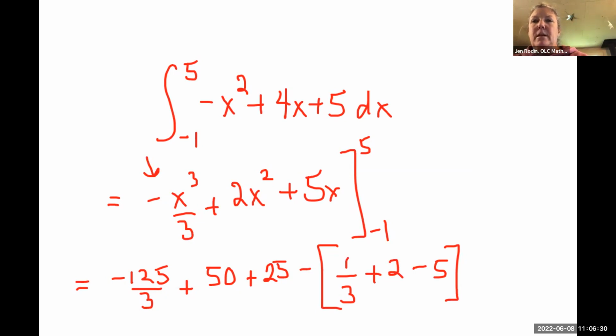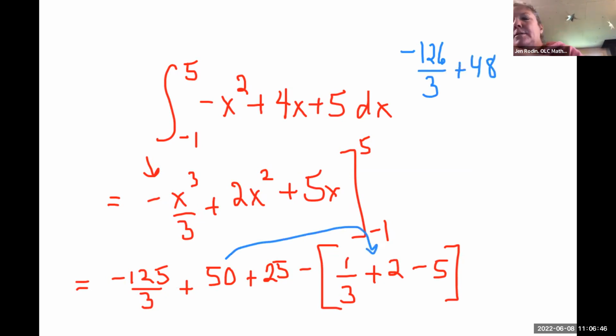All right. And then combine like terms, -125 and -1. And then 50 minus 2. And you could do more combining, but 25 minus -5 is positive 30.